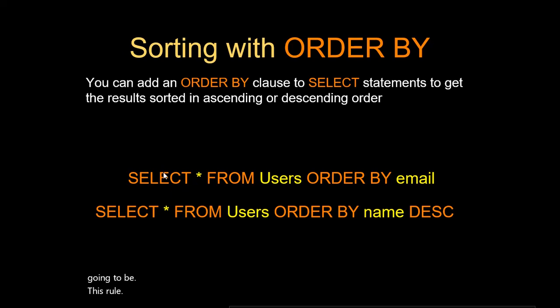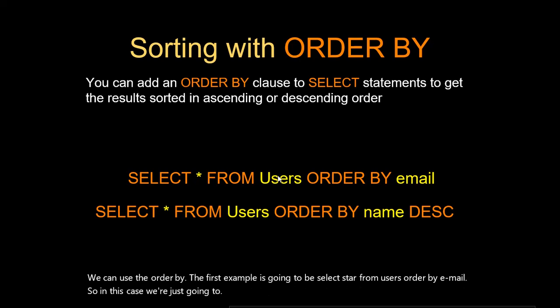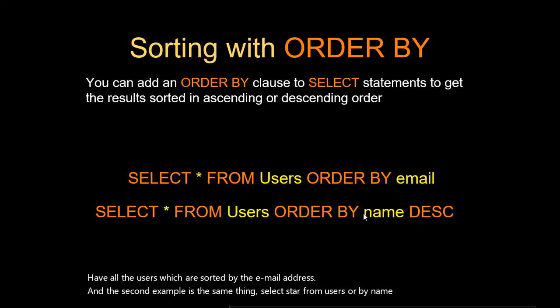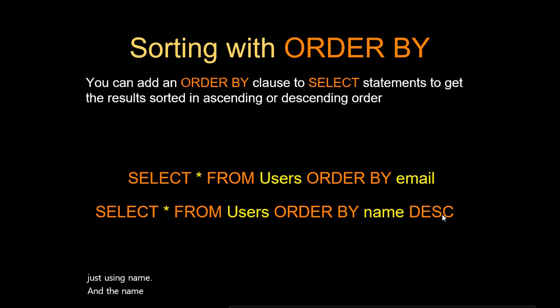We can use the order by. The first example is going to be select star from users, order by email. So in this case, we're just going to have all the users which are sorted by the email address. And the second example is the same thing, select star from users, order by name. In this case, we're just using name, and the name is going to be descending.